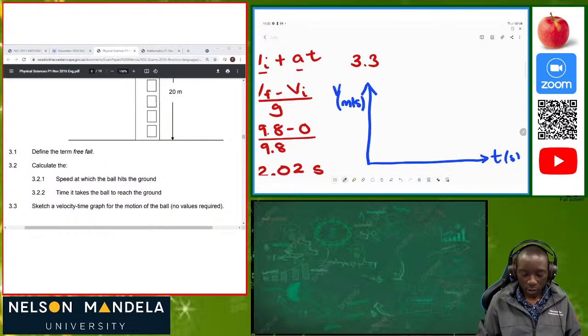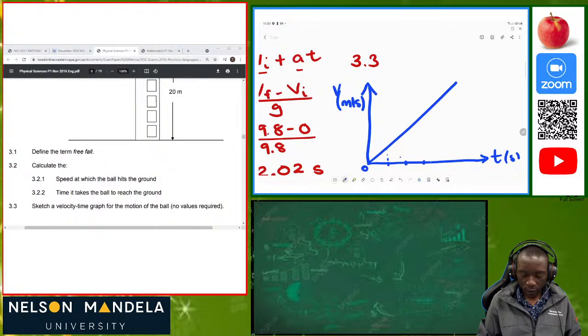The velocity starts from 0, so it should start from this origin and increases gradually, or uniformly, like that. So at equal intervals of time, the velocity also increases by equal amounts. This is what we mean. This is no longer part of the sketch. The sketch should just be something like this.